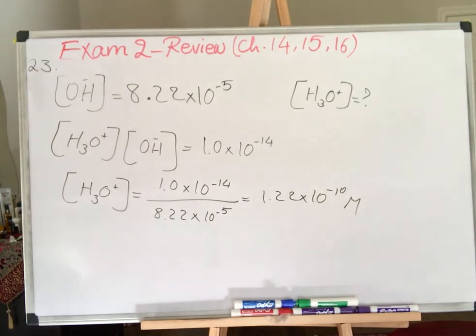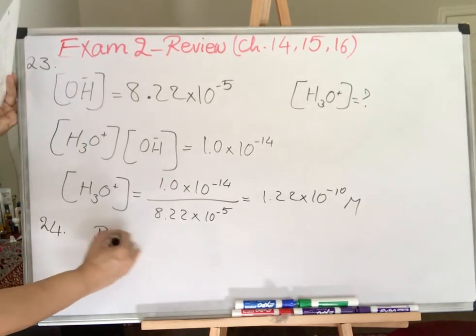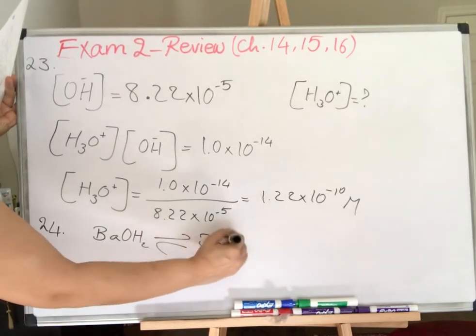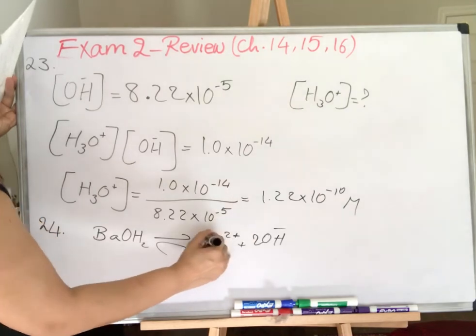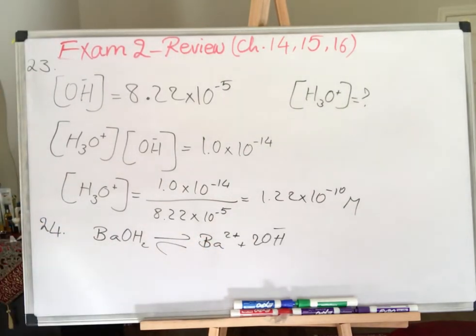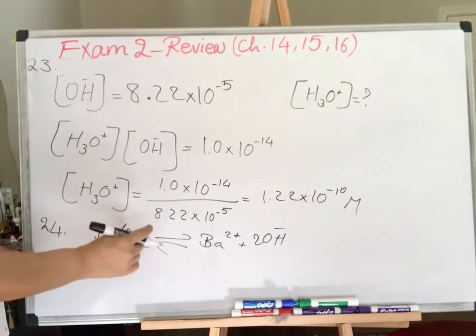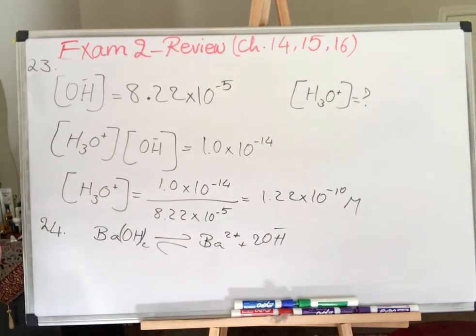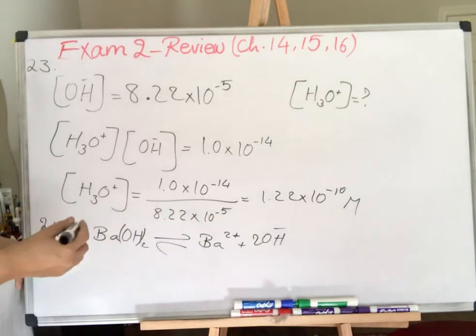Question number 24. You have this solution Ba(OH)2 giving Ba and 2 OH. The equation is not given, but even without writing it, you need to know that Ba(OH)2 is going to produce 1 Ba and 2 OH. Since you're looking for the pH, you need to find the concentration of OH first.